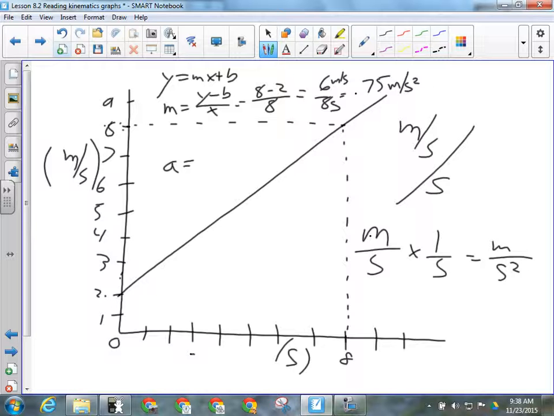So I took the final velocity and I subtracted the initial one. Because at time 0, this is how fast I was going. That was initially how fast I was going, 2 meters per second. At the end, I was going 8 meters per second. So that's final minus initial divided by time. That's the acceleration formula that you're going to use in this course.